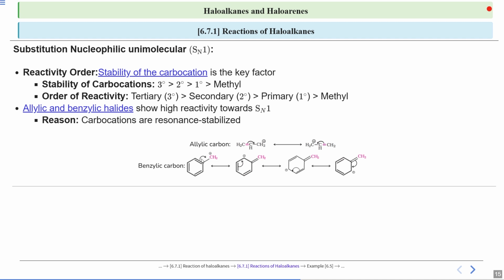So here comes a positive charge on the carbon from which the double bond electrons have been removed. Now the other double bond present in the ring becomes responsible for stabilizing this positive charge.